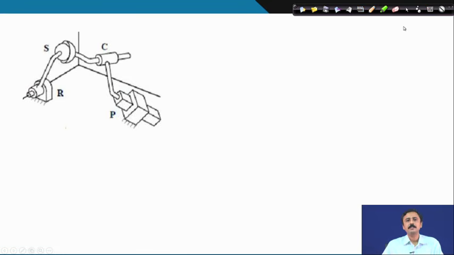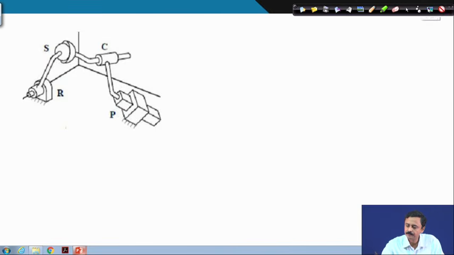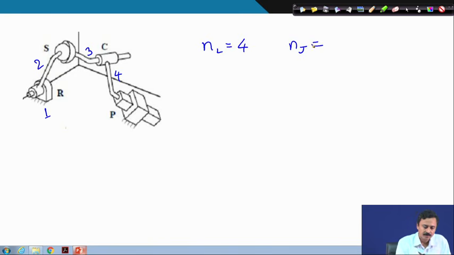Let us discuss some examples of spatial kinematic chains. Let me count the links. Ground is 1, 2, 3 and 4. So, number of links is 4. Number of joints, we have a revolute here, a spheric 2, a cylindric 3 and a prismatic 4.